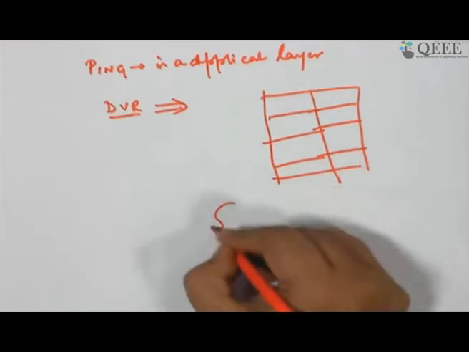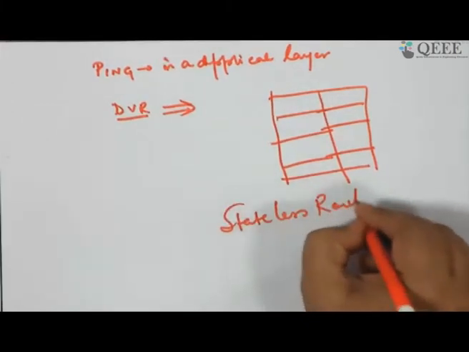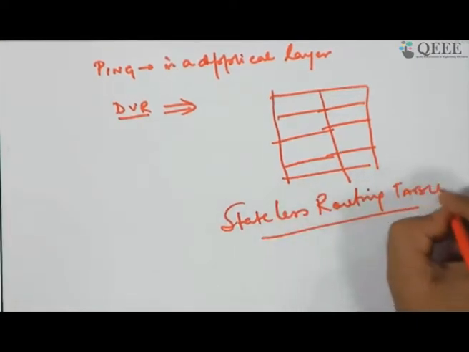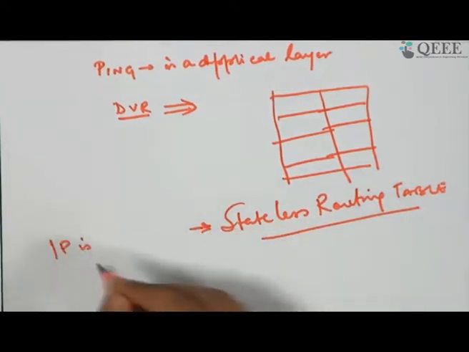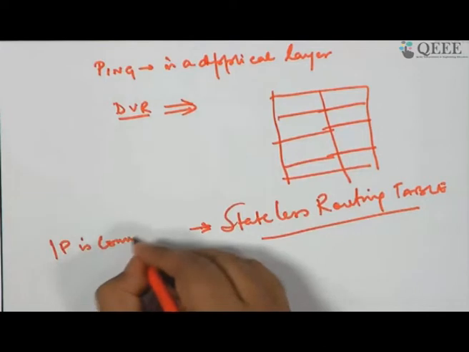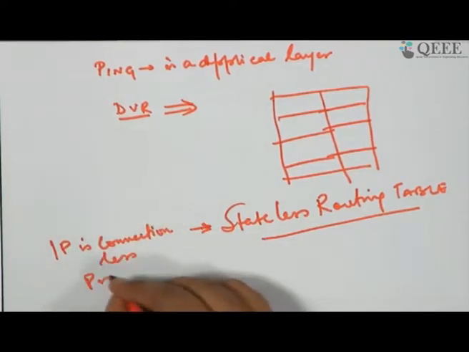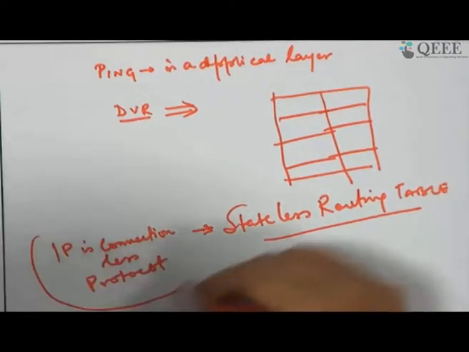We are producing a stateless routing table. We said last class that we are producing a stateless routing table because IP is a connectionless protocol, if you remember.